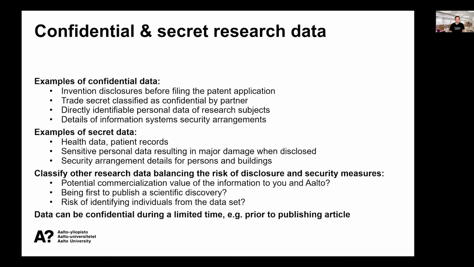And also this classification might change over time. So for example, you can keep the research data confidential until you publish an article about it. And perhaps you publish the research data alongside the article at the same time, for example. But just being first to publish this discovery is a good reason to keep the data confidential until your article is out.